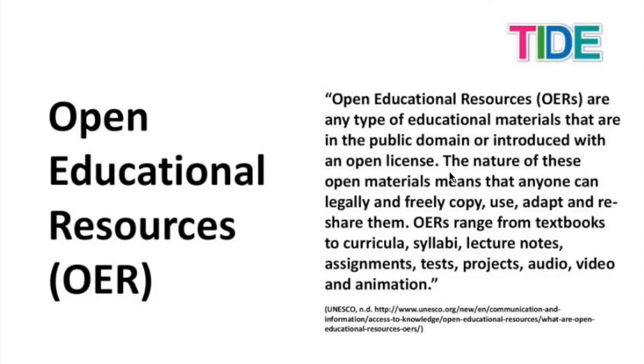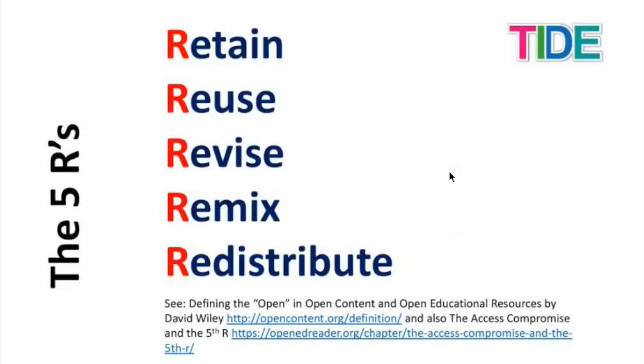As it says here, the nature of these open materials means that anyone can legally and freely copy, use, adapt, and reshare them. Now this is important. We've seen Creative Commons licensing, and we're going to take a look in a moment at what this means in relation to the licenses we've seen.